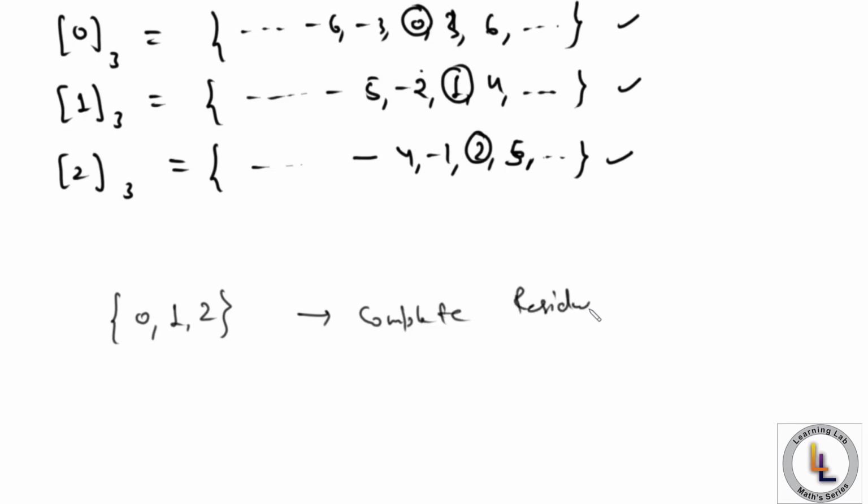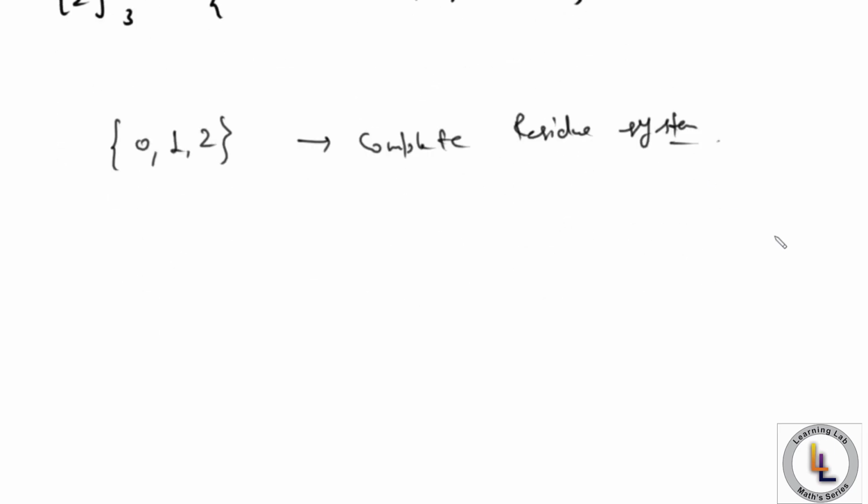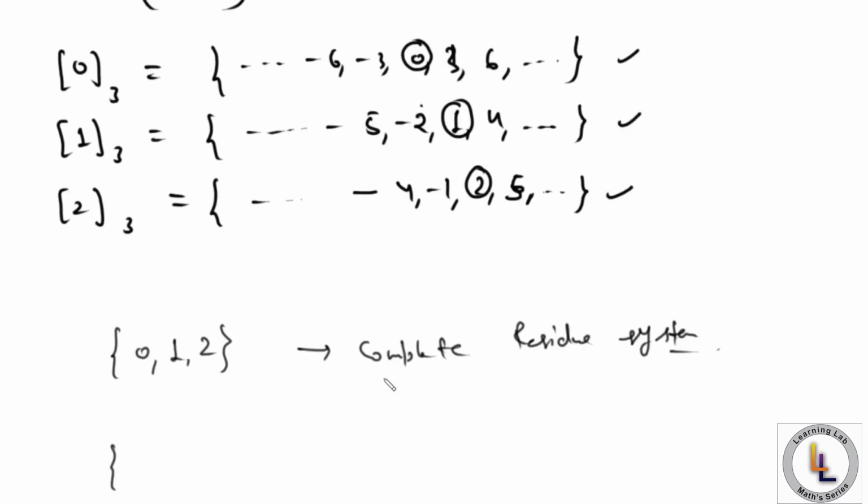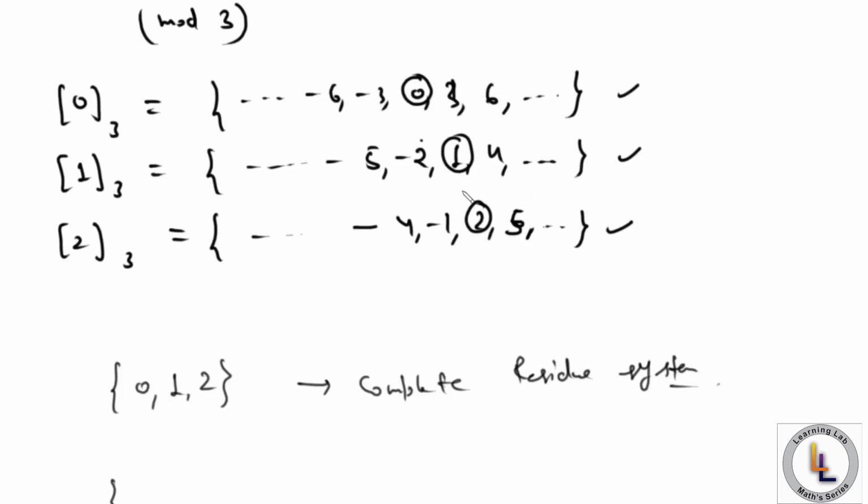A complete residue system can be constructed by selecting an element from each of the distinct classes of a given modulo. So we select 0 from the first class, 1 from the second class, and 2 from the third class. Also, we do not necessarily have to select the least positive integer. We can select any element from each class.